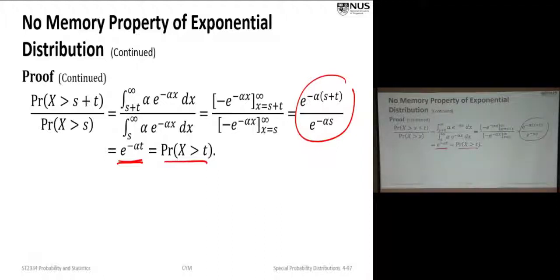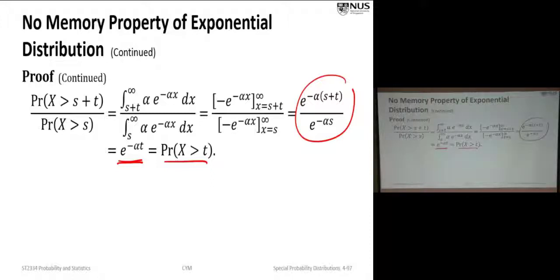So you can think of it like this. Waiting time, for example, waiting for a bus. So I go there, I already wait for 5 minutes. No bus coming. Okay, so I've already waited for 5 minutes. Now you ask, what's the chance that I have to wait longer than 10 minutes, or longer than 9 minutes, an additional 4 minutes?